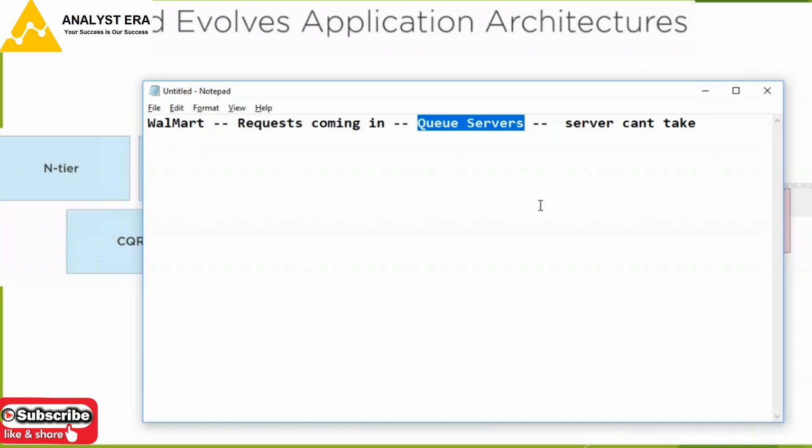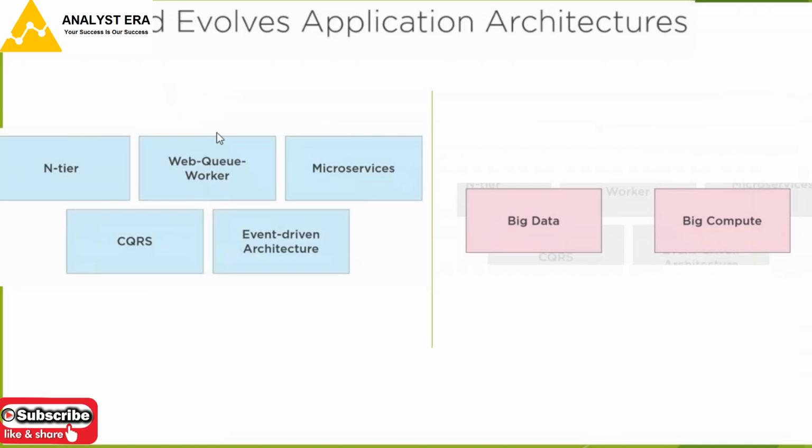Queuing servers are very efficient in handling high traffic, and in a good architecture wherein you have millions of requests pouring in each day, day in, day out, you would have queuing servers. That's about queuing servers. So that's your web queue worker.